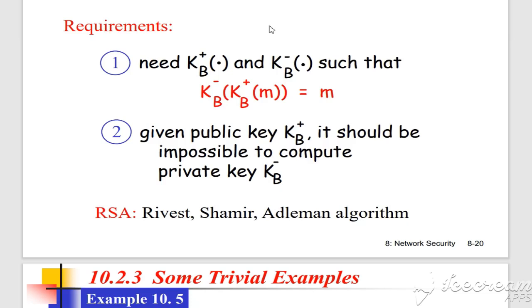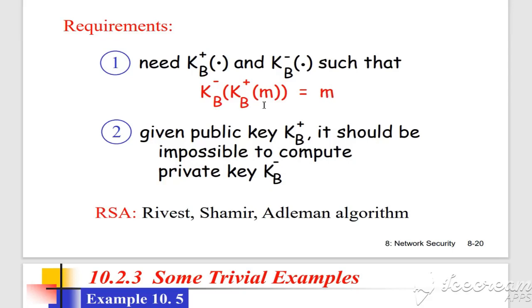There are some basic requirements of RSA. Here you can see a public key and a private key. If you are encrypting a message, it should only be decrypted by the corresponding private key. With this equation you can understand it: first we encrypt the message, then we decrypt it using the corresponding private key, and we get the same message.